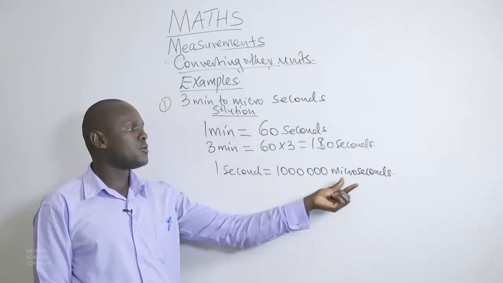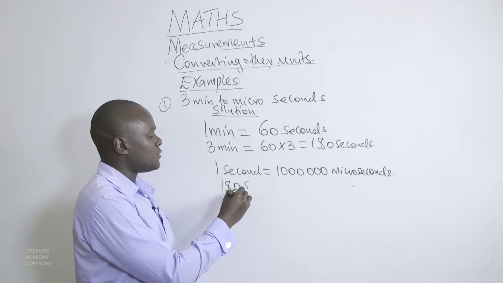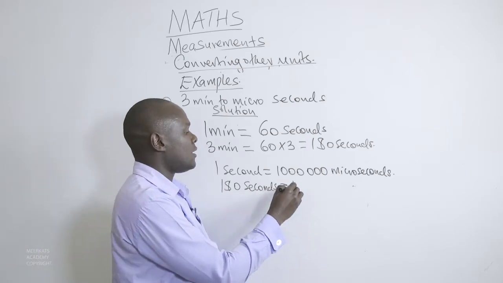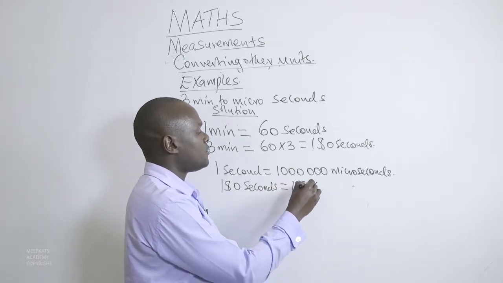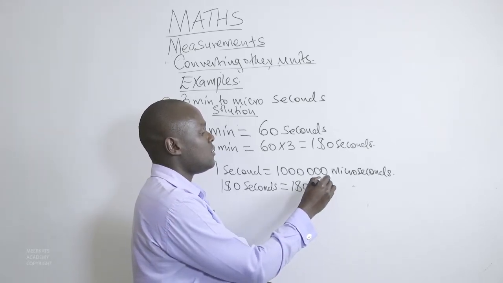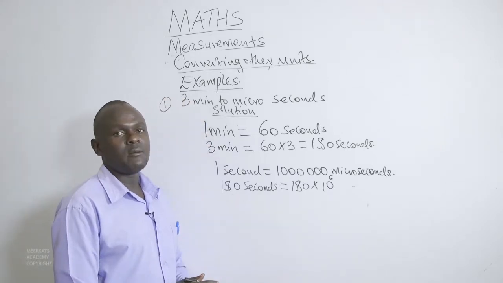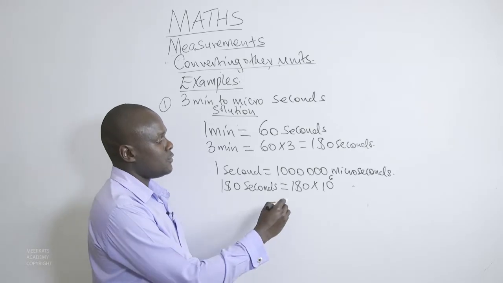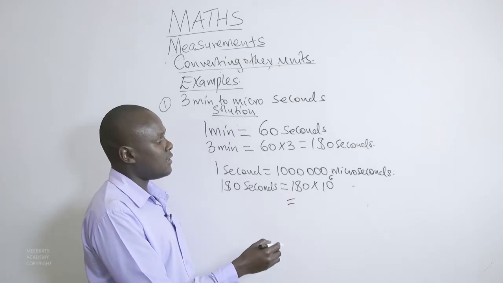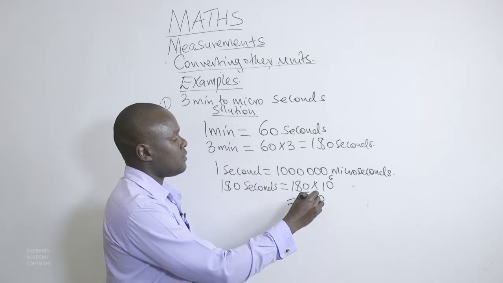If 1 second is equal to 1 million microseconds, what about 180 seconds? This will be equal to 180 multiplied by a million. A million is basically 10 raised to power 6. You can remember that from the previous table that we've just had. 180 can also be expressed in standard form as 1.8 multiplied by 10 raised to power 2.